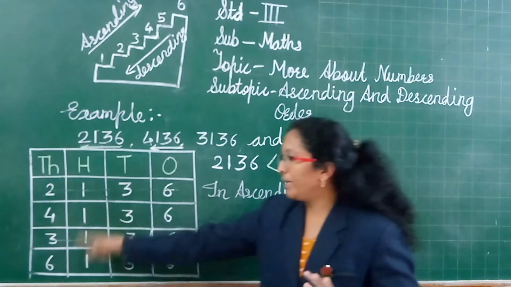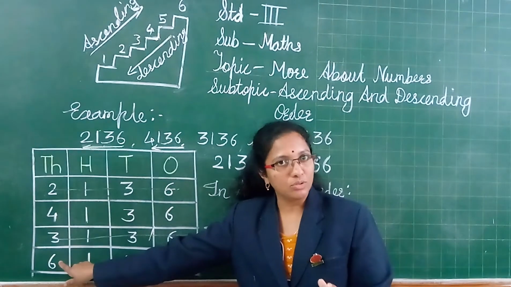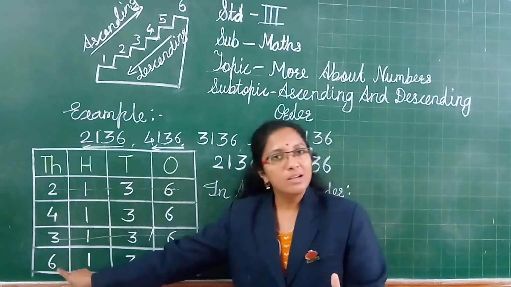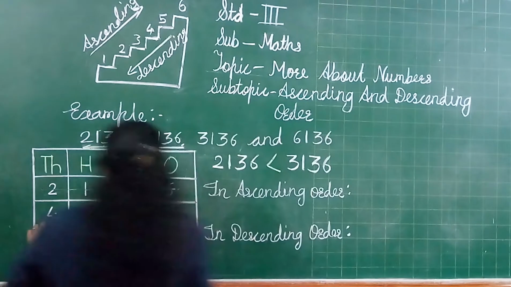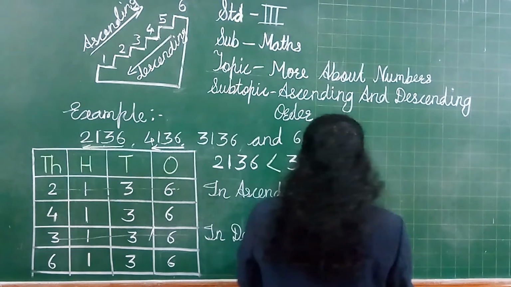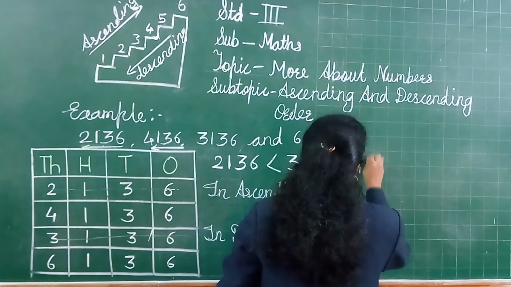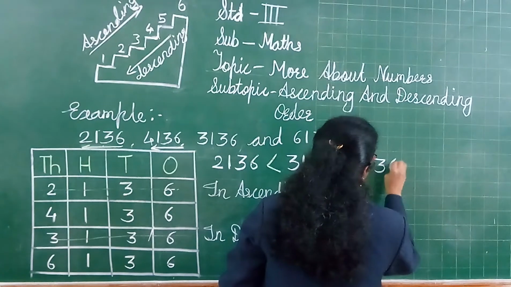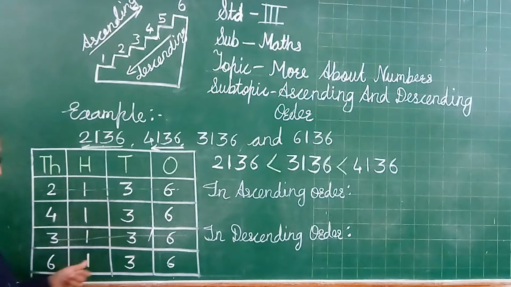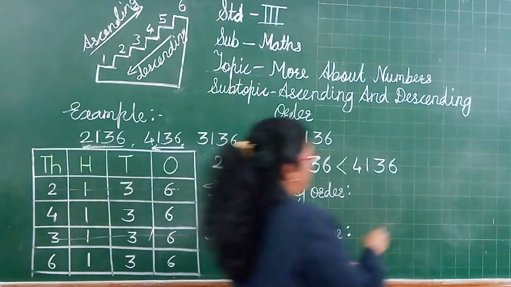Okay, now remaining 4,000 and 6,000. Which one is smaller? 4,000 is smaller than 6,000. So we write 4,136. Okay. Now the last one is 6,136.